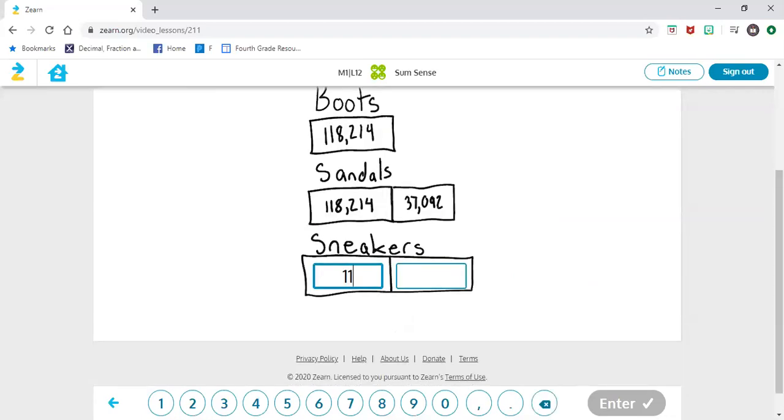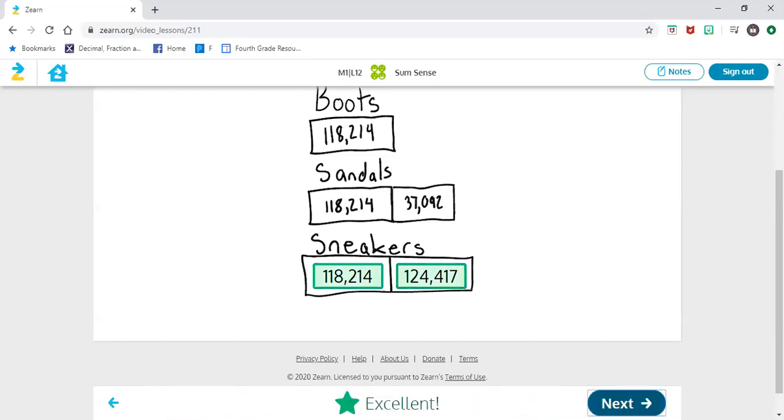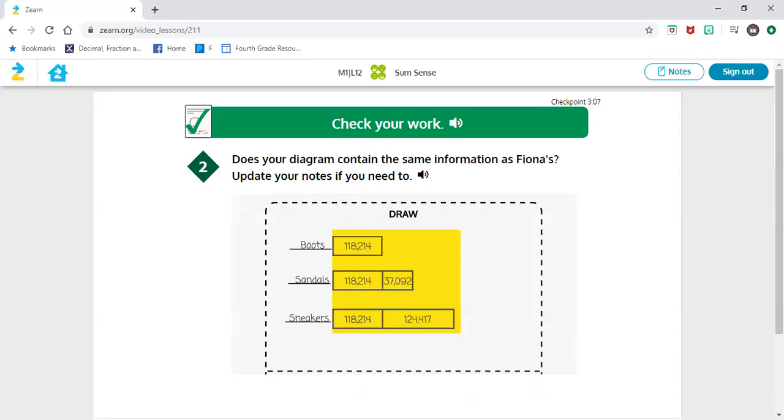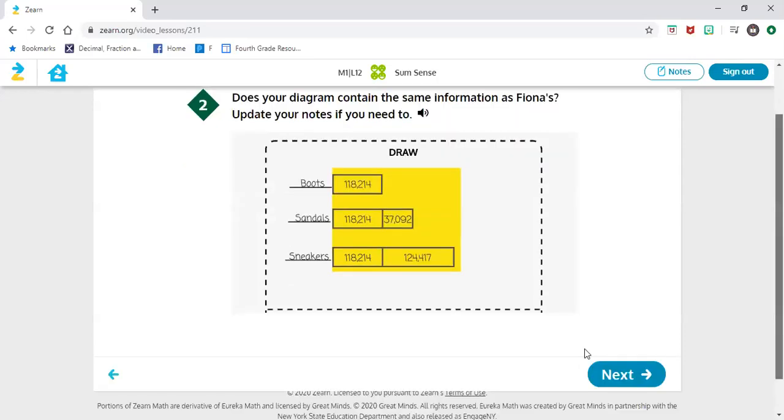We know we sold as many boots as sandals as sneakers, but then we sold more sneakers. On top of what we sold that was equal, we sold more sneakers. So update yours, but we already have ours updated.